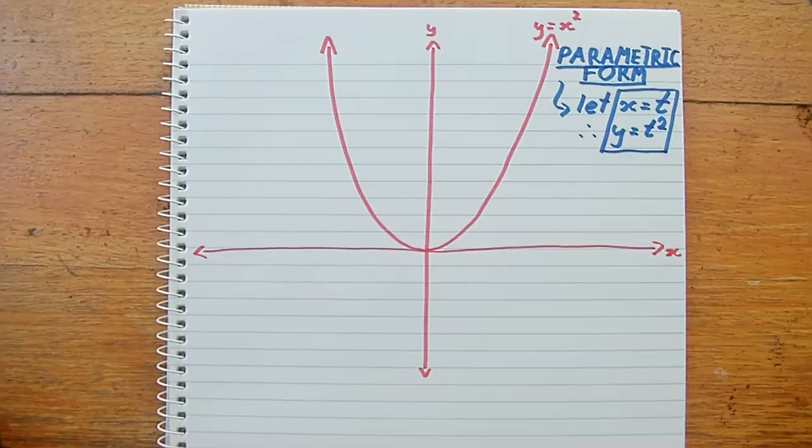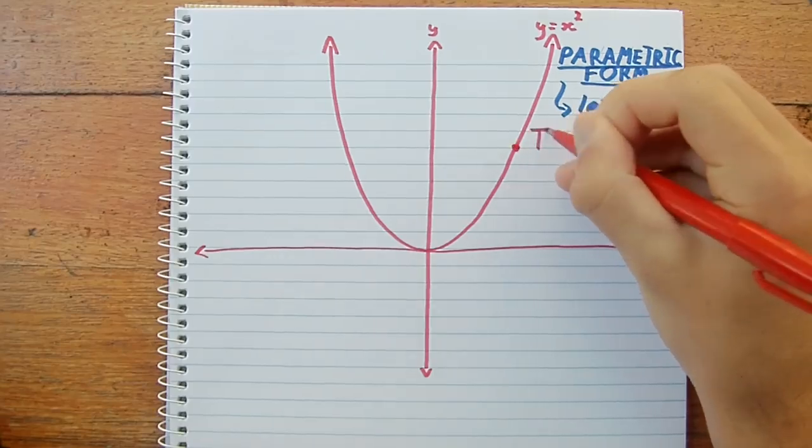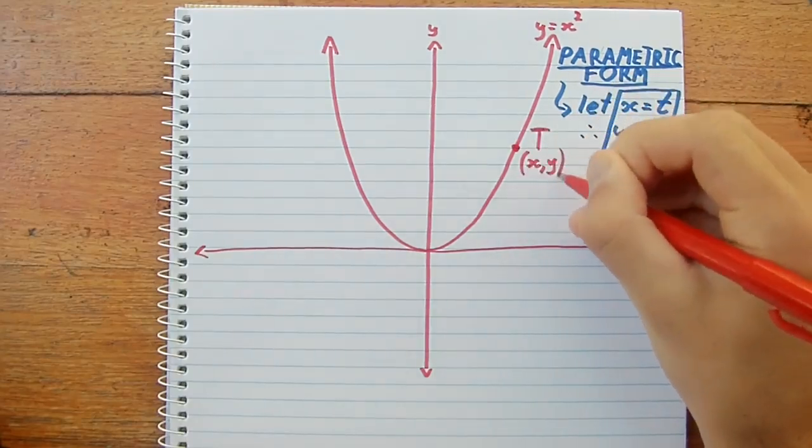Hopefully you can see that both things are saying the same thing, but you may also be wondering what the point of doing this is, since we're just making things more complicated by adding in this t for seemingly nothing. The point of it is, now we can represent any point on our parabola in terms of only the variable t. For example, if we want to label a point on the parabola, we could label it x and y.